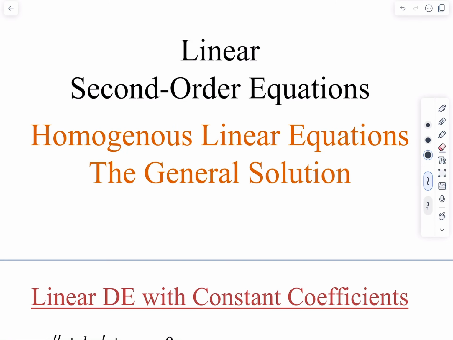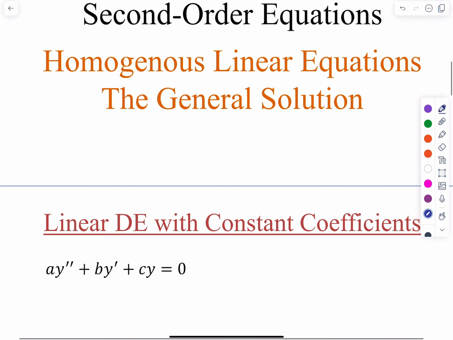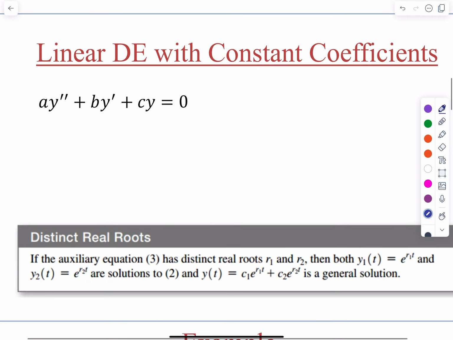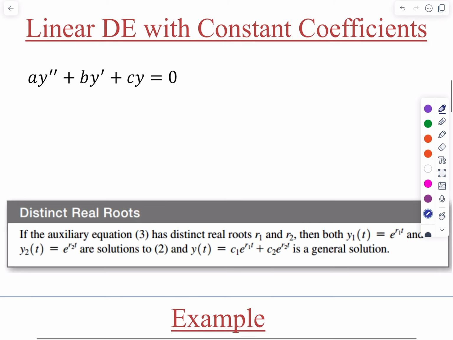This is linear second order equations, and in this video we will be talking about homogeneous linear equations and the general solution. So let's go ahead and begin with a linear differential equation with constant coefficients. So here are our constant coefficients.